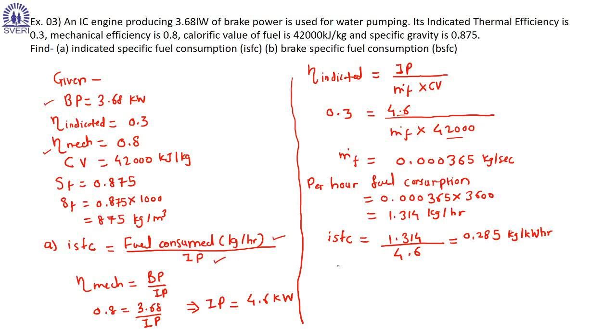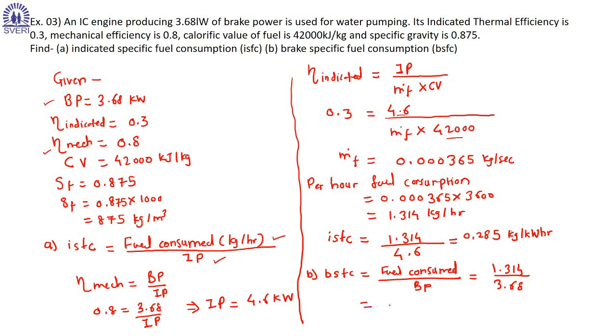Similarly, I can calculate BSFC. So part B, that is BSFC, will be equal to fuel consumed divided by brake power. So I'll take the value 1.314 divided by brake power, that is given as 3.68.